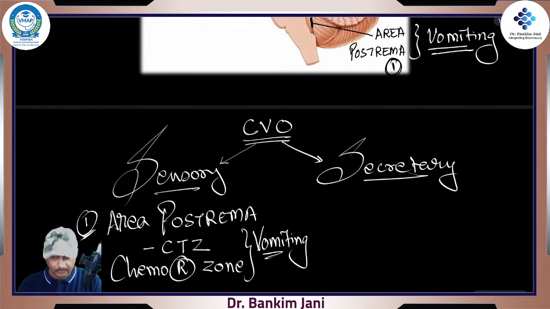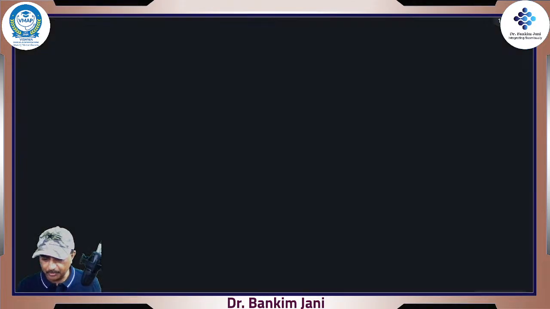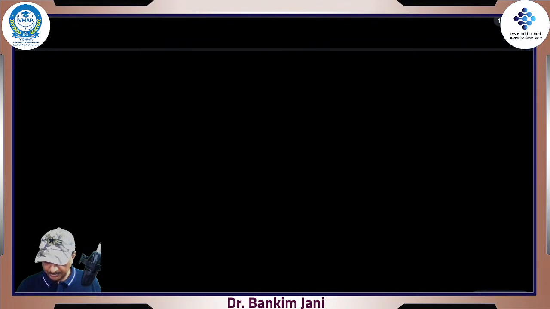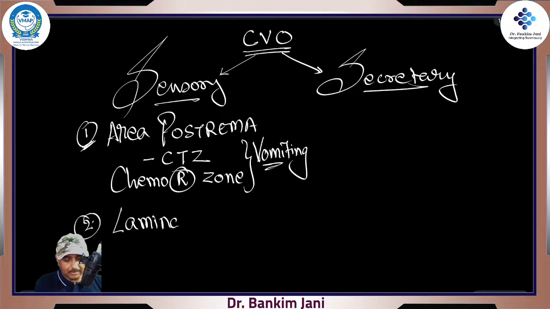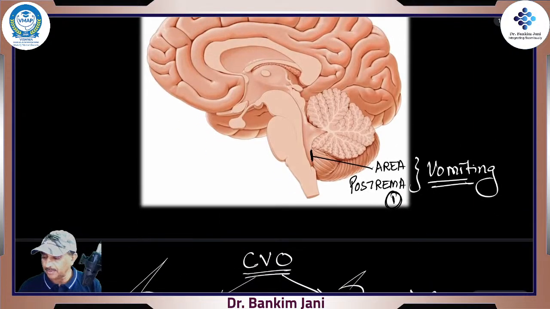The next ones are all sensory. Just let's add one page, duplicate page, and we clear it, because we'll be requiring pages. The second one is lamina terminalis. Now, we have talked about lamina terminalis, if you remember. This is the location of lamina terminalis, this one.